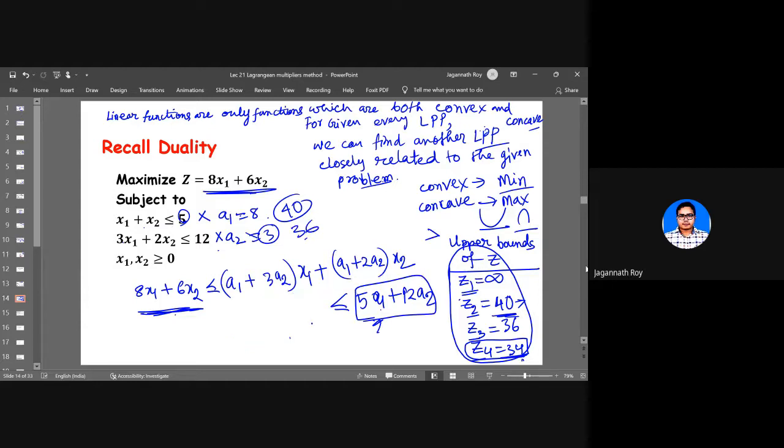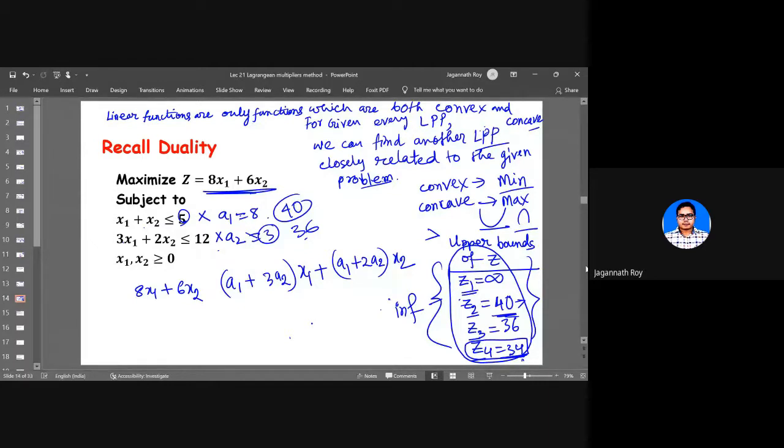And we have seen that if we take the infimum, or the minimum, of this collection of upper bounds, then this will be equal to some W function.